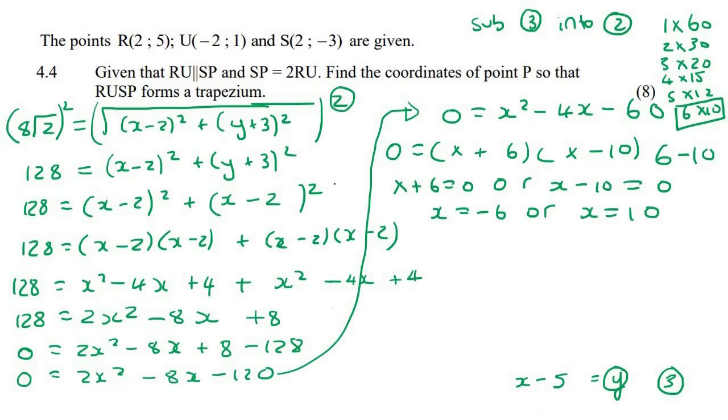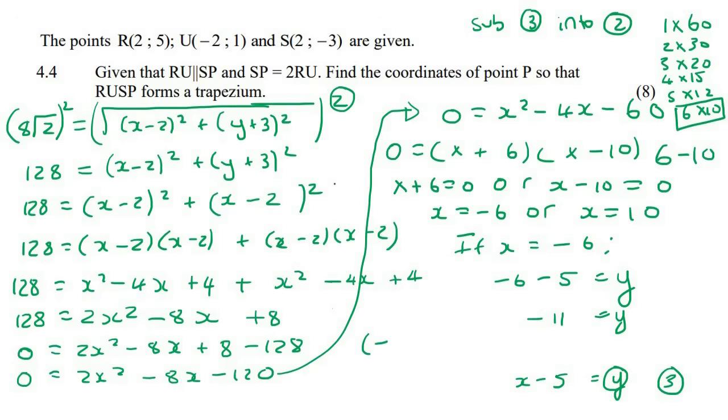Now that we have the x values, we can work out the y values by plugging them back into this equation. So if x is negative 6, I don't want to confuse anyone, so I could say y is equal to negative 6 minus 5, so y is equal to negative 11.